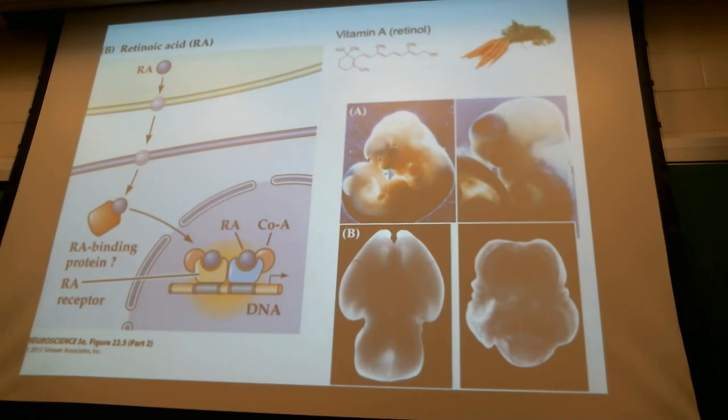This is the normal brain, and this is the retinoic acid treated brain, grossly deformed. So too little is bad, but too much is also bad. For some vitamins you usually have to take more, but not all vitamins can you take like 1,000 times more.